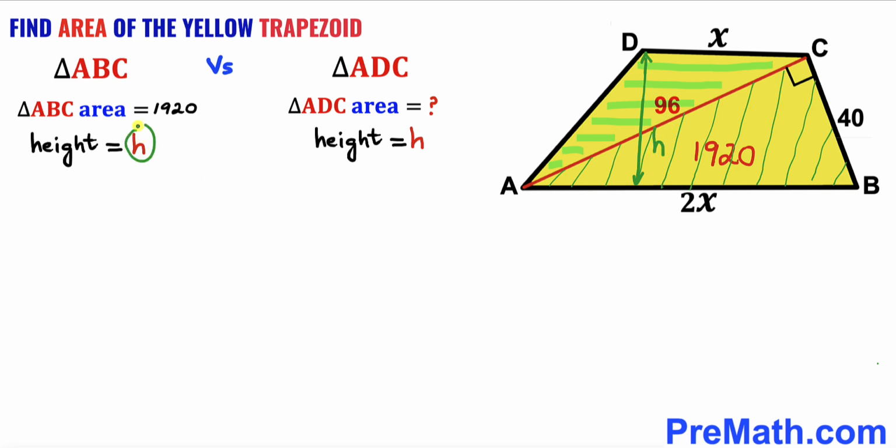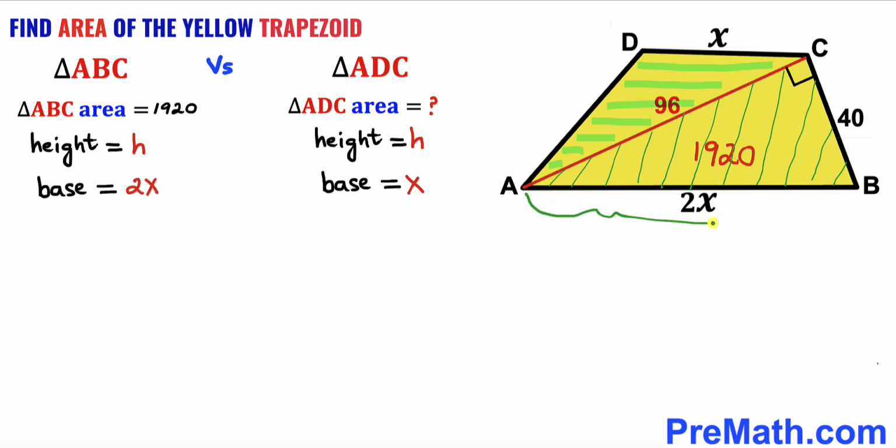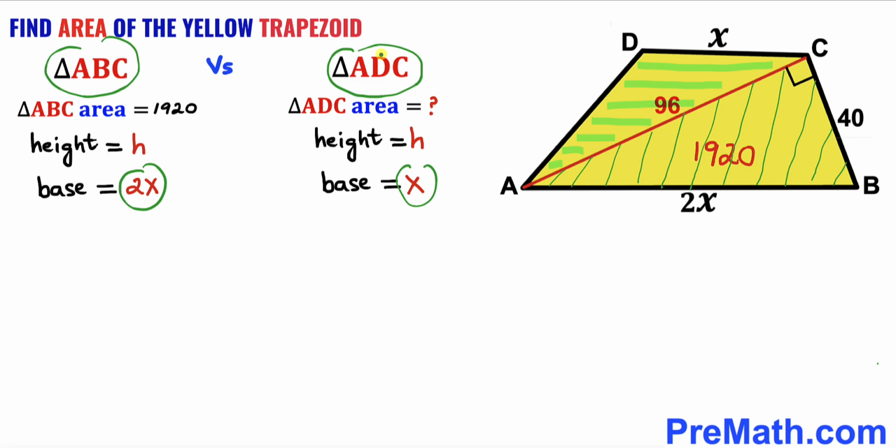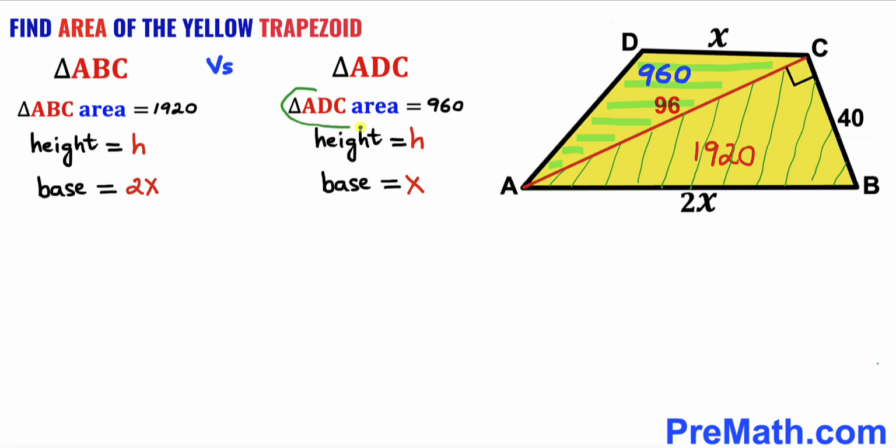So the height of both of these triangles is same. And we can see the base of this triangle ABC is 2 times x, whereas the base for this other triangle ADC is x. In other words, the base of this triangle ABC is twice the base of this triangle ADC. So therefore, the area of this triangle ADC is going to be half of the area of this triangle ABC. So thus the area of this triangle ADC turns out to be 960 square units.